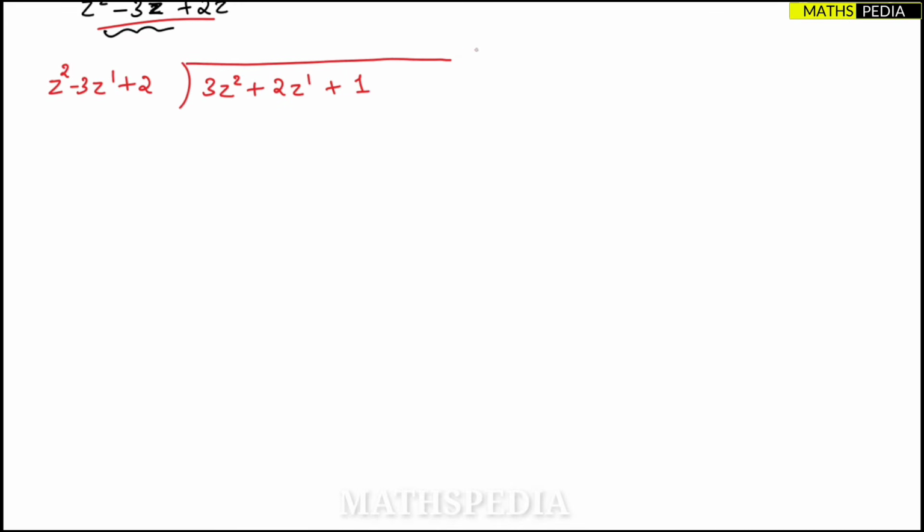Okay, fine. So observe here, the first term of the outside part and the first term of the inside part. Z square into some value should give me this answer, correct? It is the division, I hope you know how to do division. So z square, the outside part, into something should give me the inside part's first term.